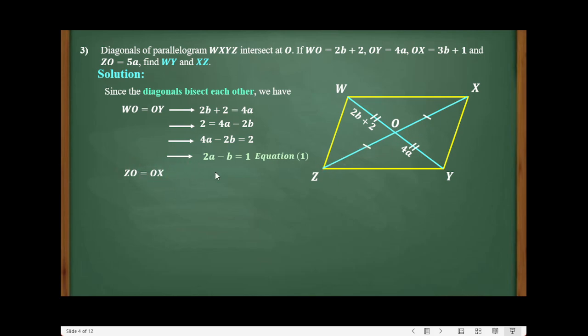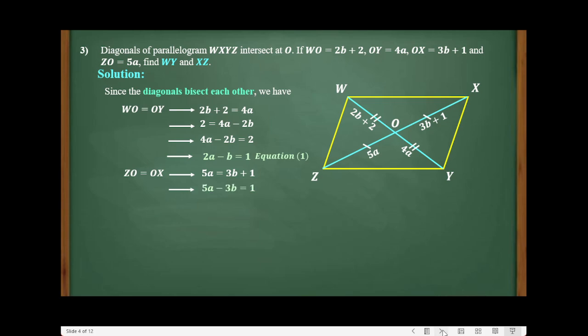Of course, they are congruent, meaning this length here is the same as the length of this segment right here. So ZO equals OX. Then plug in the equivalent of their lengths. So ZO is 5A, while OX is 3B plus 1.